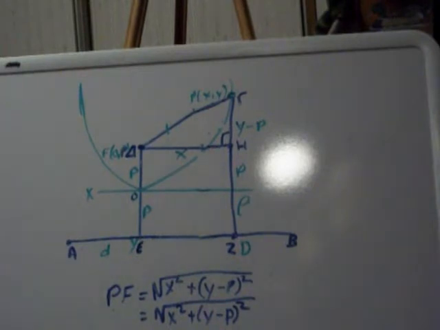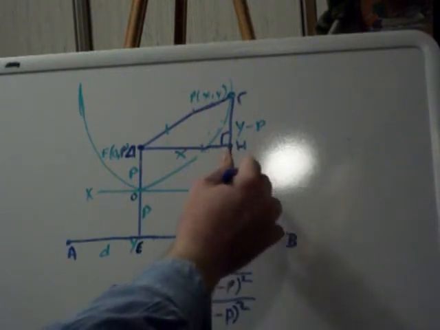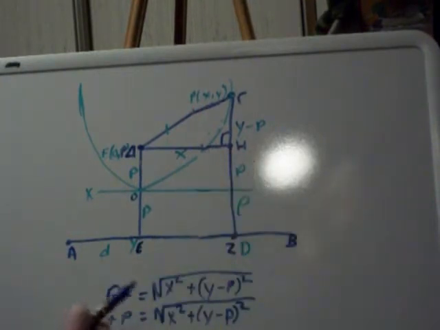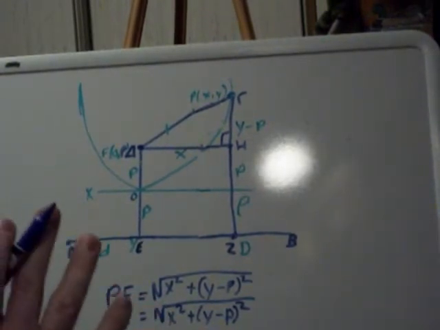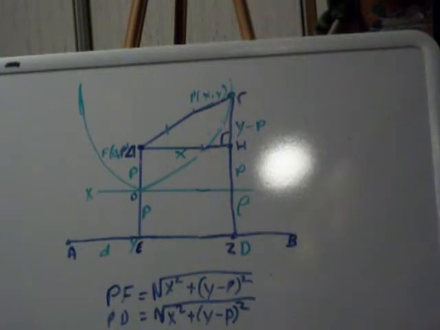So we can replace this y plus lowercase p, because this is the lowercase p and so is that, with PD. Following along so far?